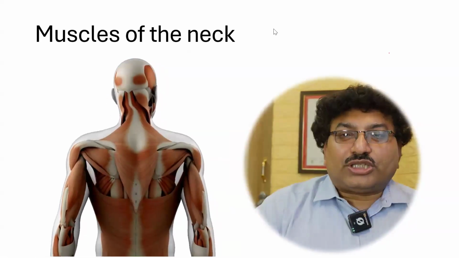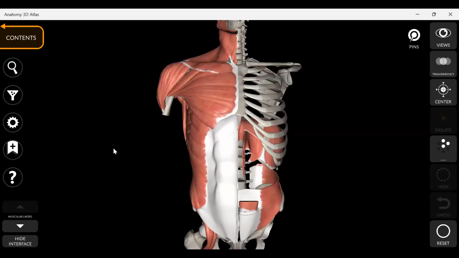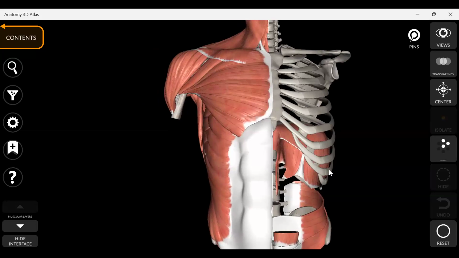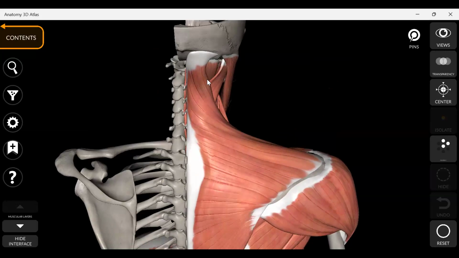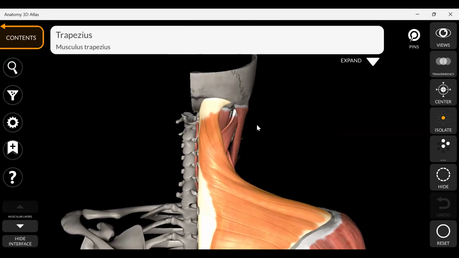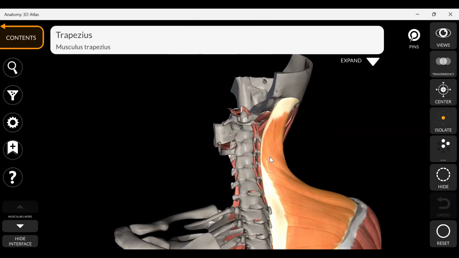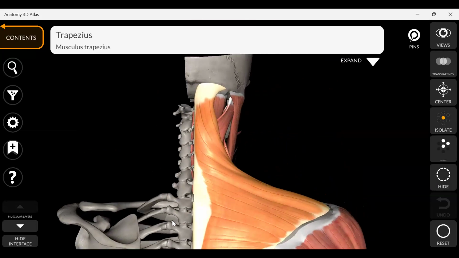Let us go to the anatomy again, because it will be easier for you to understand, as 3D anatomy is very, very important. So here, if you look at this area, we can see this is the trapezius. It is attached to the superior nuchal line. Medially, it is attached to the spinous processes and it continues here.